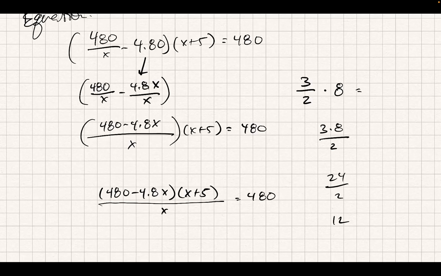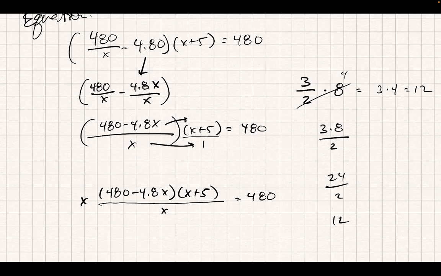Or if I do it this way, I can cancel this. You could think of this as having a phantom over 1, and so the numerators multiply together and the denominators multiply together.